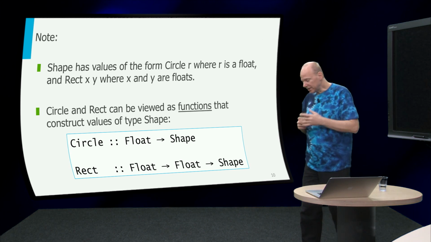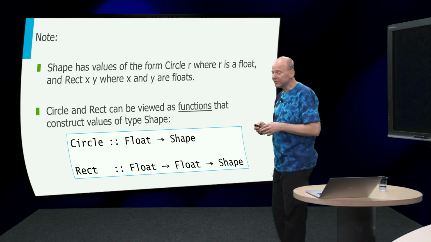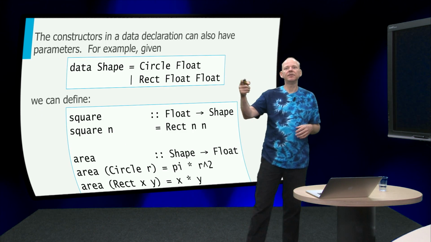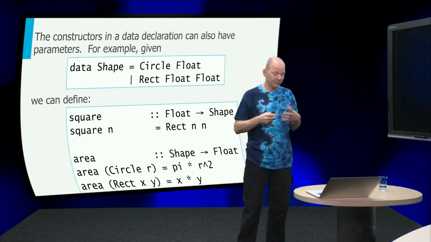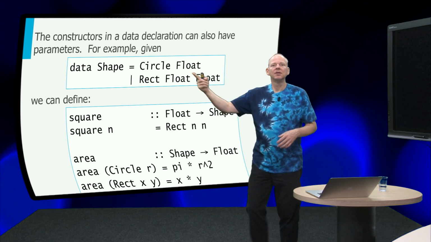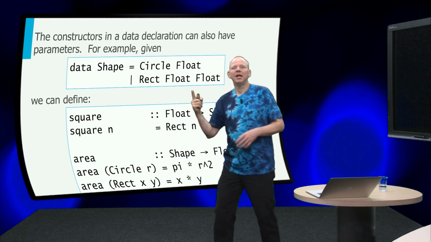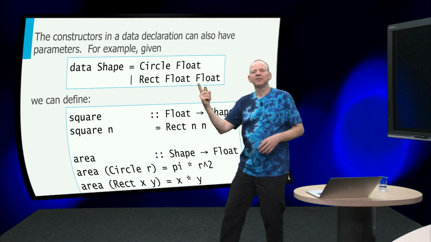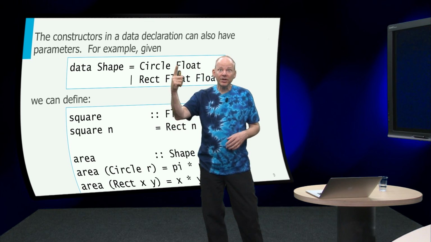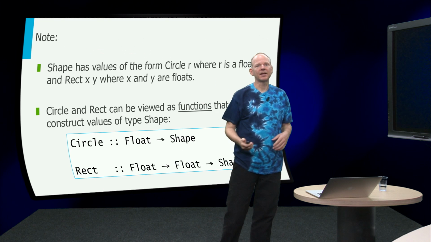Now, when we look at these constructors that we define in here, they implicitly define constructor functions: one that takes a float and returns a Shape, and a second function that takes two floats and returns a Shape. And these functions are called Circle and Rectangle.